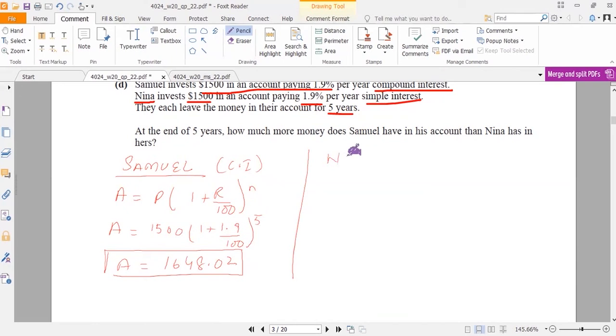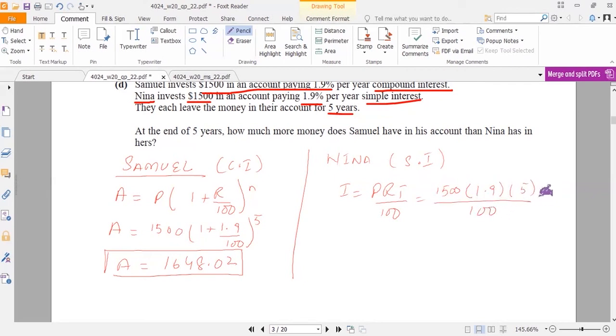Now for the second one, this is the case of simple interest. Okay. So firstly, we can find out the interest, that is I equals PRT upon 100. So what is the value of P? Again, 1500. What is the value of R? 1.9. And what is the value of T? That is 5 years, divided by 100.